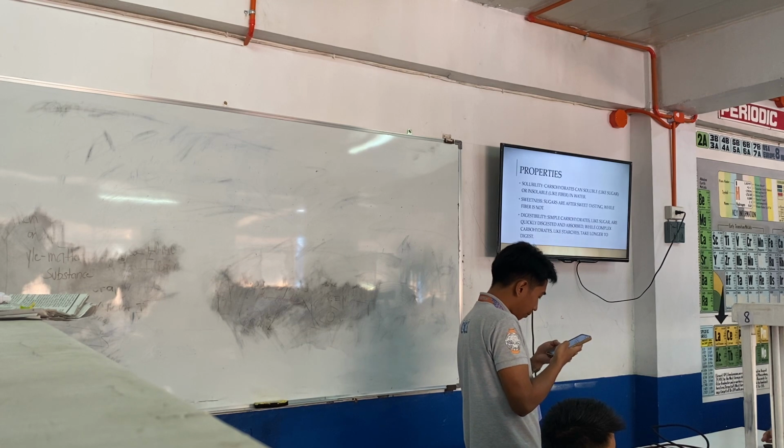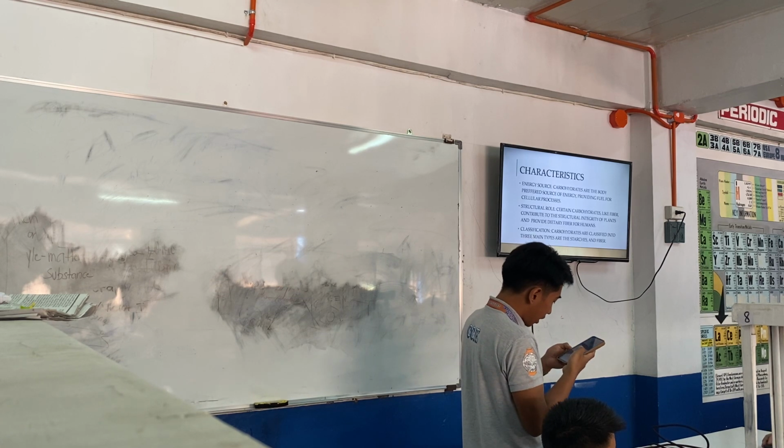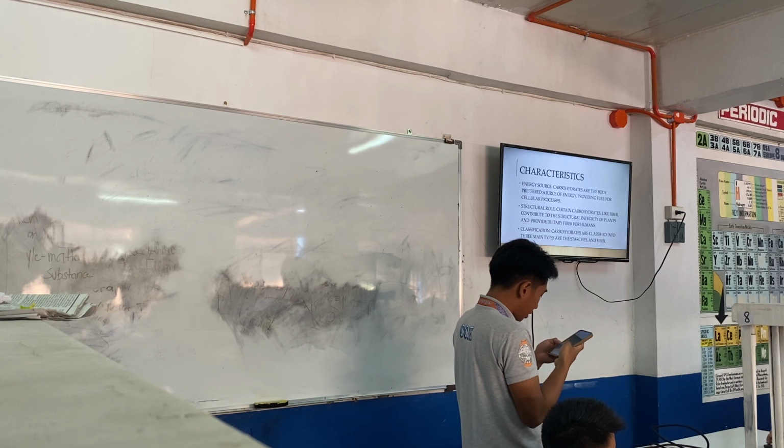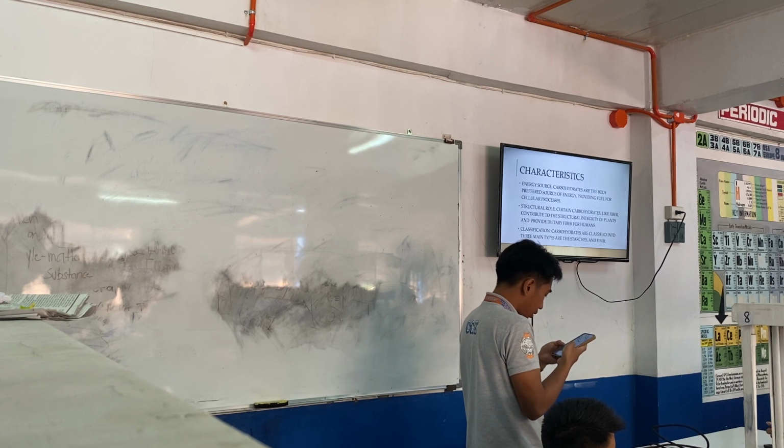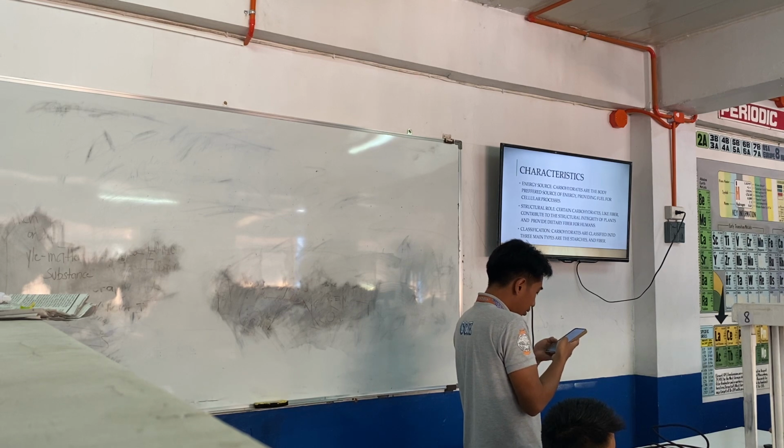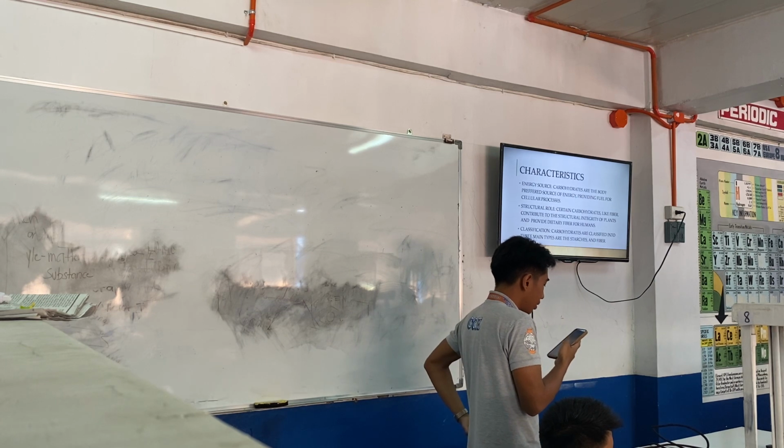Role in metabolism. Carbohydrates play a crucial role in metabolism, serving as the primary fuel source for the brain, nervous system, and muscles. They also contribute to the synthesis of certain molecules such as ribose, nucleic acids, and glycoproteins. Blood sugar regulation.